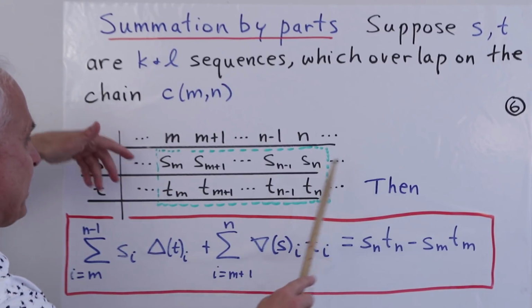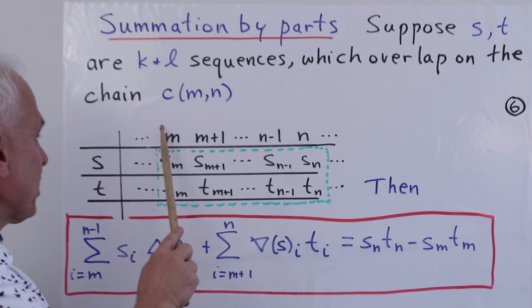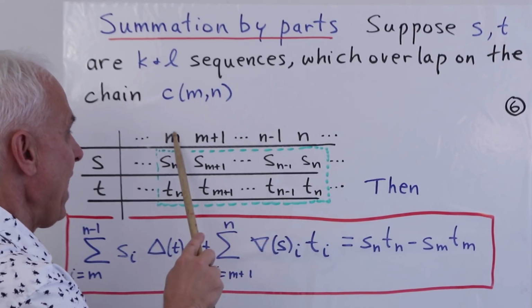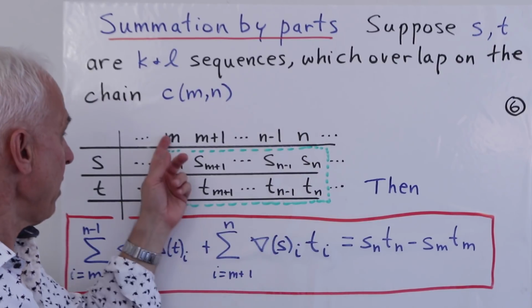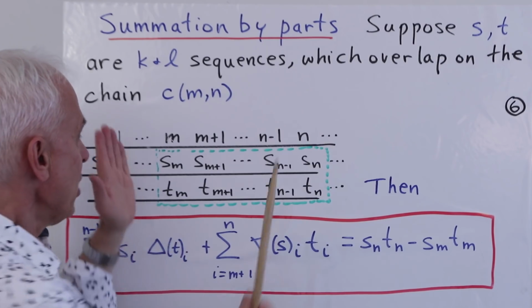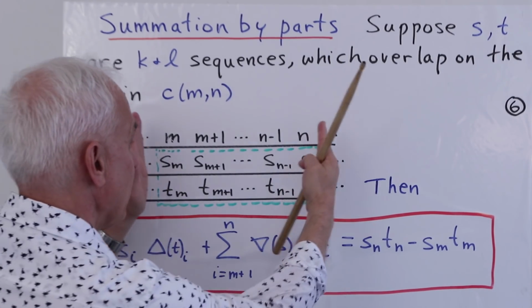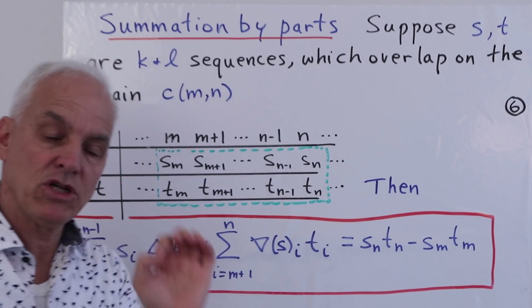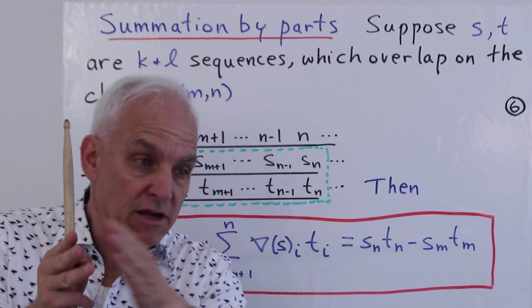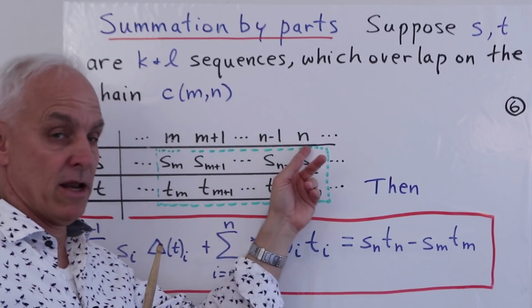Maybe these sequences carry on outside what we're considering, but we're just considering this particular chain from m to n. So m, m plus 1, m plus 2, all the way up to n minus 1 and n. So we're restricting our attention to these two sequences in this finite range, and we're assuming that both sequences are defined on this entire range, from m to n.